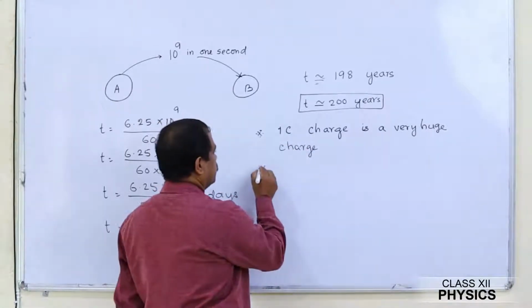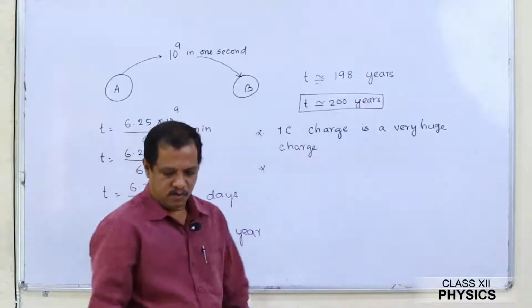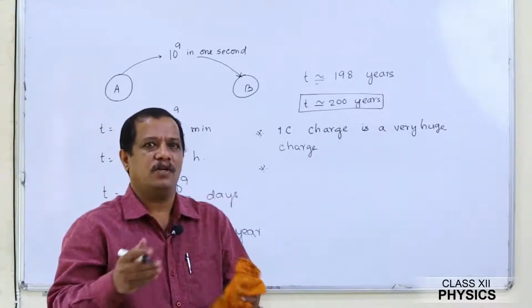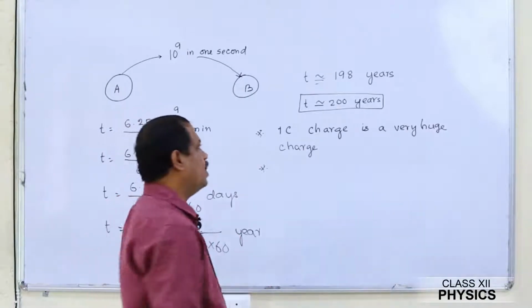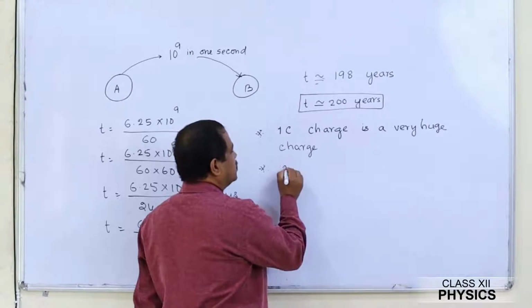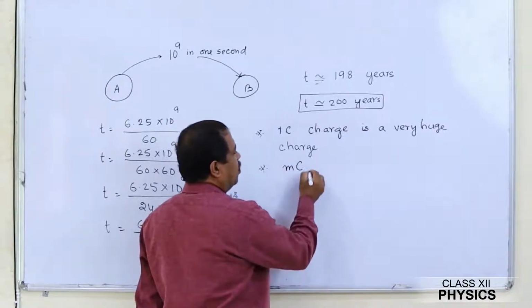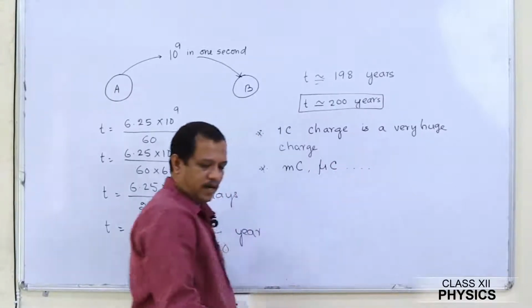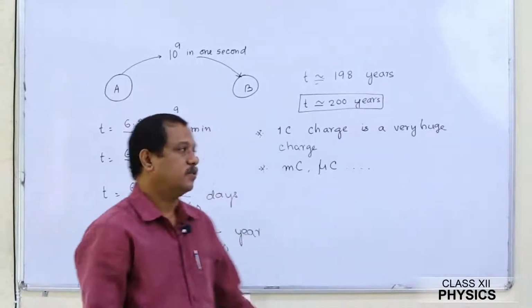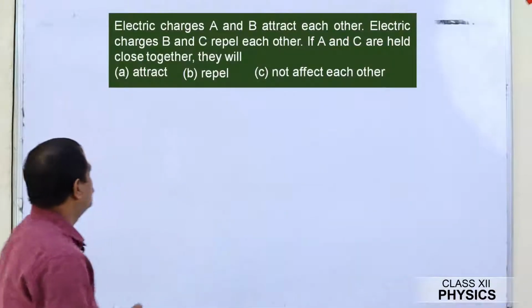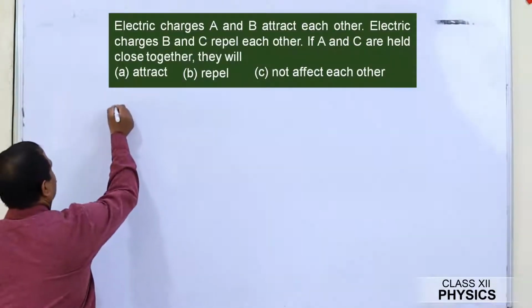As such, whatever problems we come across in electrostatics in this course, every problem will say that the charge is in millicoulomb or microcoulomb. This is the reason why practically we assume the charge in the problem to be in millicoulomb and microcoulomb.